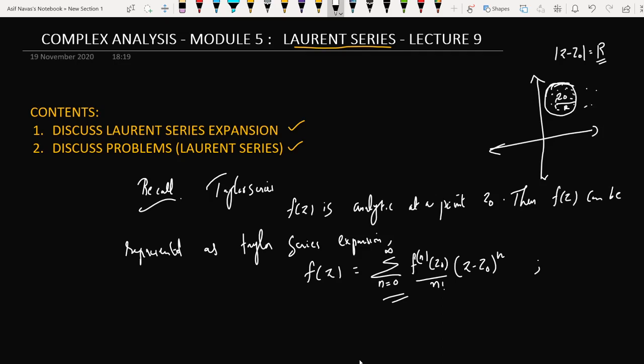The radius of this circle is called the radius of convergence. So if a function is analytic at a point z naught, then there exists a circle with radius r such that for any point inside, the series expansion of f of z is valid. Okay.